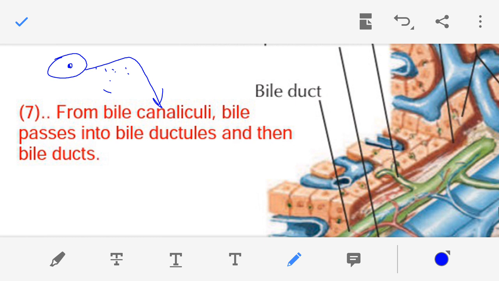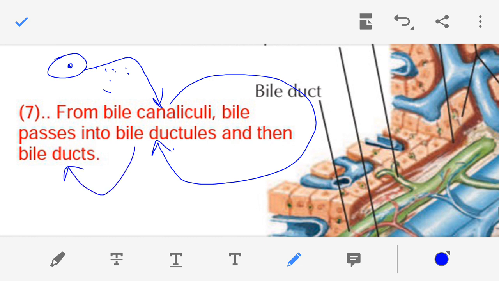Now these canaliculi pass the bile to bile ductules, and these bile ductules join together and form the bile duct. So the route of bile: number 1, hepatocyte cell; number 2, canaliculi; number 3, bile ductule; number 4, then bile will reach into bile ducts.